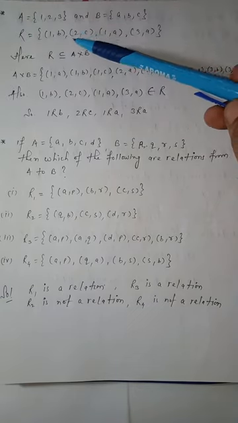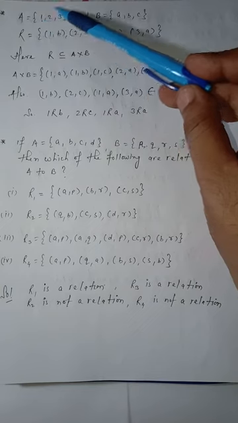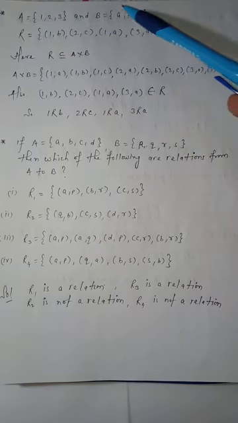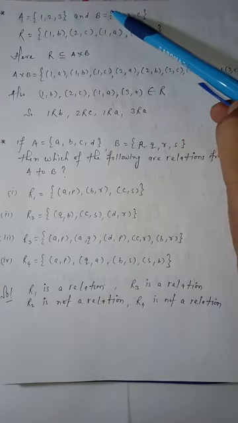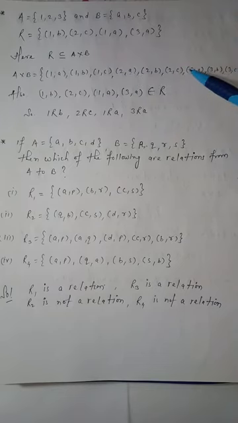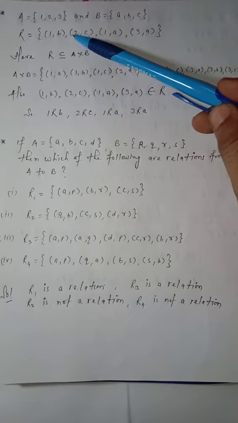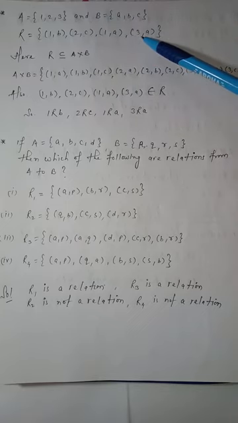So for this you have to write A cross B. A cross B will be (1, a), (1, b), (1, c), similarly (2, a), (2, b), (2, c), and finally (3, a), (3, b), (3, c). So this is A cross B. And what is R? (1, b), (2, c), (1, a), (3, a). Now please check.